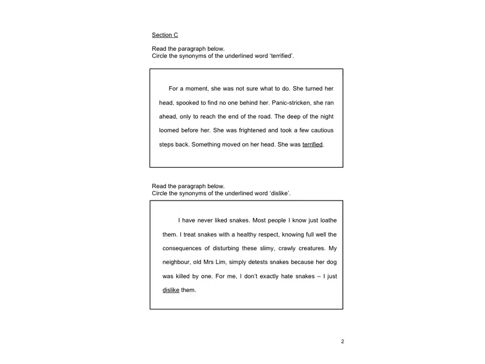For page 2, you are supposed to circle the synonyms of the underlined word terrified. Okay, terrified can be found in the passage here. Alright, let's read through the passage first. Okay. For a moment, she was not sure what to do. She turned her head, spooked to find no one behind her.